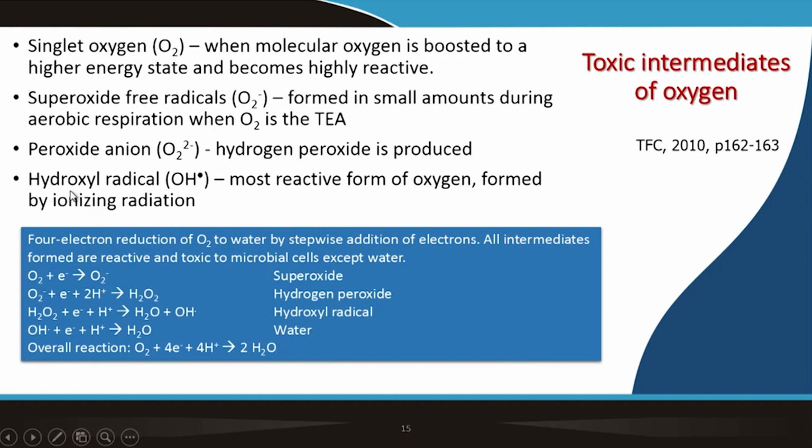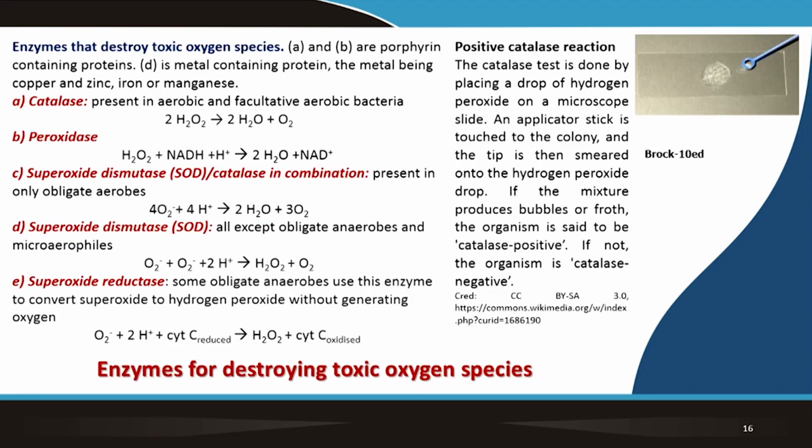And finally, we have hydroxyl radical, which is the most reactive form of oxygen, and that is formed by ionizing radiation. Now, given that these toxic intermediate species are formed whenever oxygen is present in the environment, those microorganisms, including bacteria, that are capable of utilizing oxygen have enzymes for destroying the toxic oxygen species.